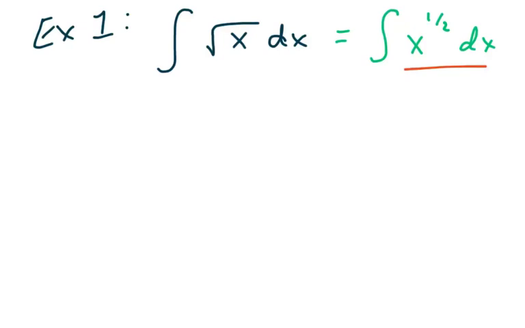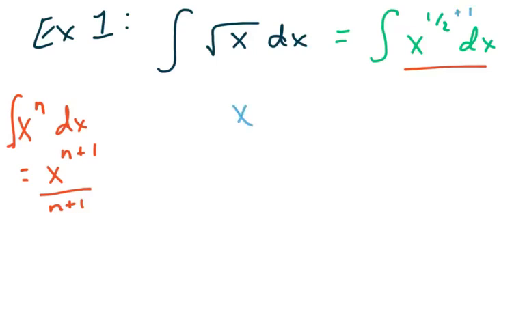Now, we are still using our power rule here, that if I take the antiderivative of x to some power n, we are going to get x to the n plus 1 divided by n plus 1. Now, we have to be a little bit more careful here because of the fractions. So if I use my power rule, I'm going to add 1 to this exponent.